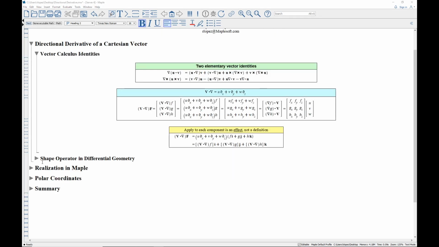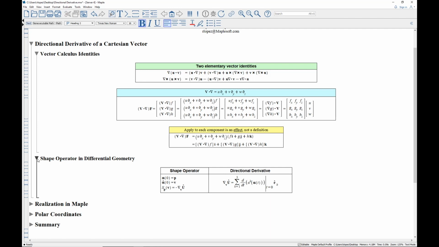Here's another place where I've found the directional derivative showing up. It's in defining the shape operator for a surface when you're trying to talk about curvature on a surface. So this is the shape operator. It is a mapping from a vector in the tangent plane, that's what V is, to the negative of the directional derivative, in the direction of that tangent vector, of the unit surface normal.